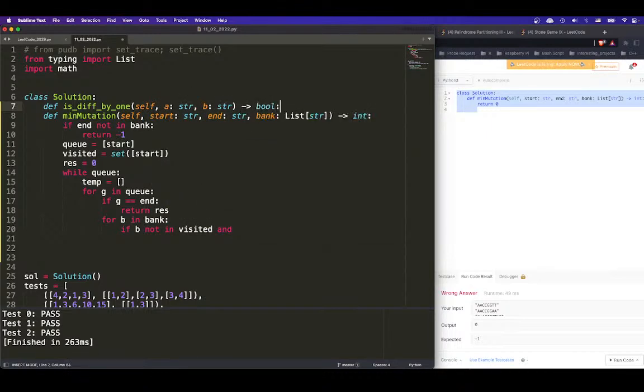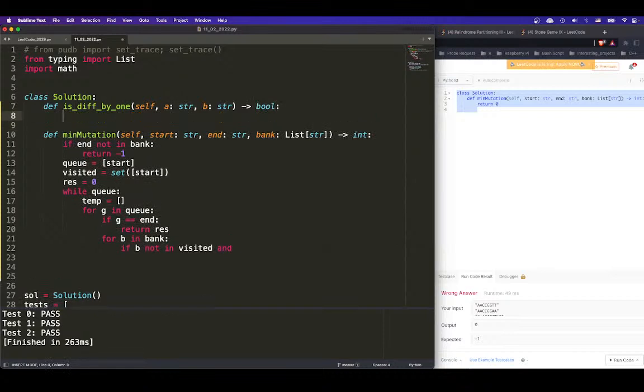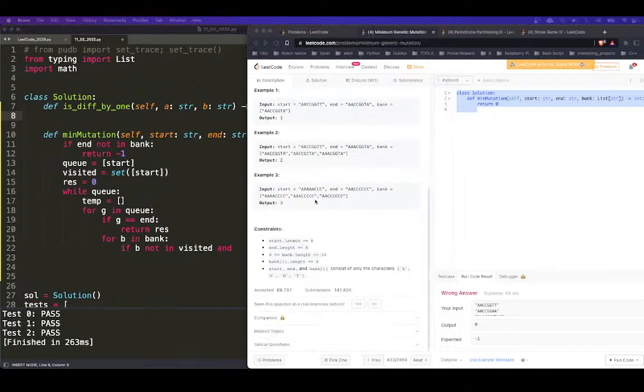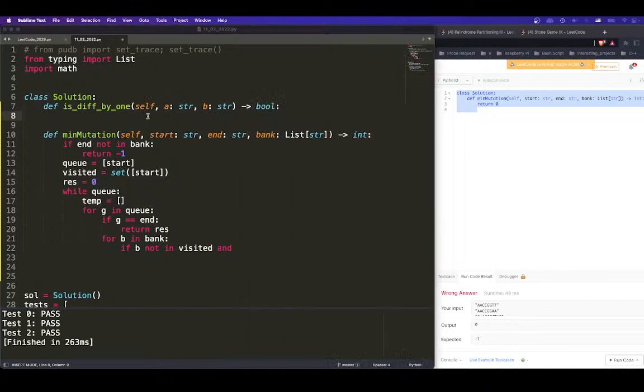How do we handle this? Check if the two differ by 1. And the length is definitely, yeah. So we're just gonna go one by one and see if they diff by 1. Is there any easier way to do this? I don't know. Diff by 1.